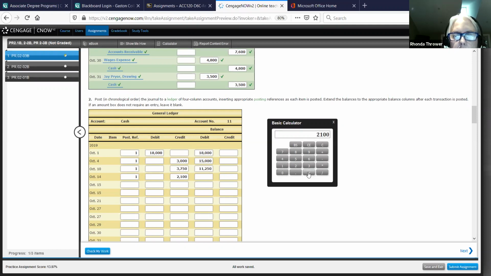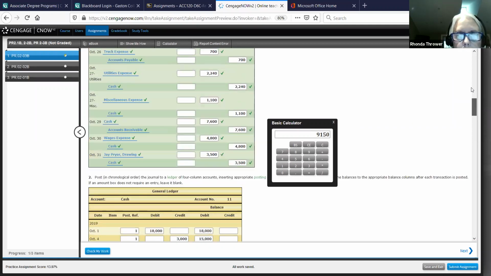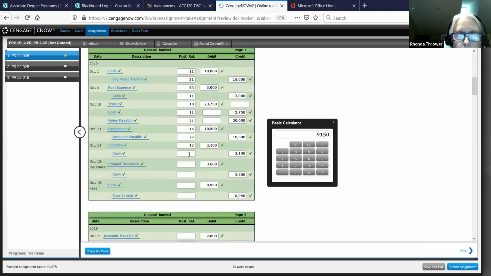Our balance in the cash account is $9,150. Cash should always have a debit balance. So right now we've got $9,150 left to spend. Put your account number, which is 11, and you're through posting this transaction.